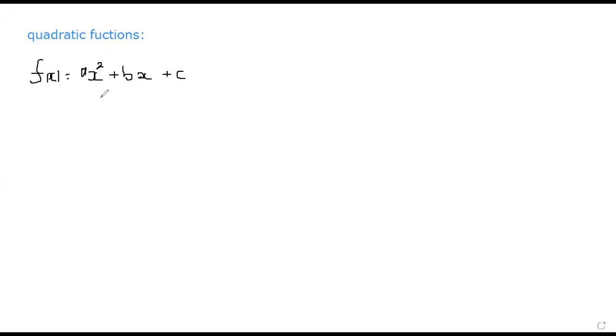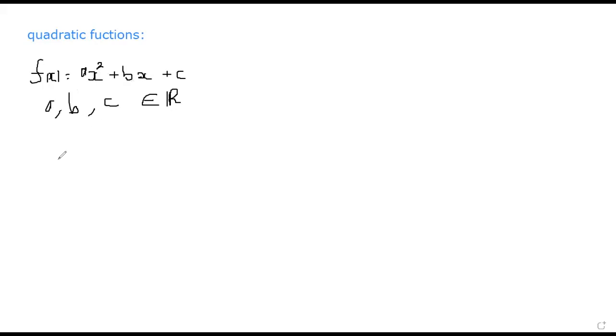In this case, A, B, and C are members of a real set, where x is just a variable. So what we have here is a quadratic function. A, B, and C can be any real number, and we can solve for this quadratic equation.